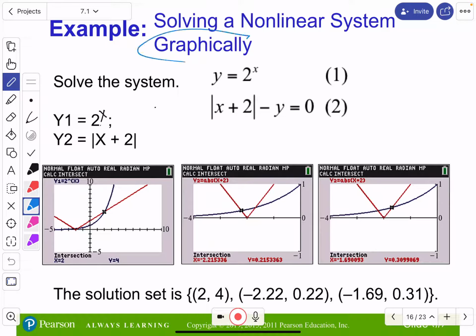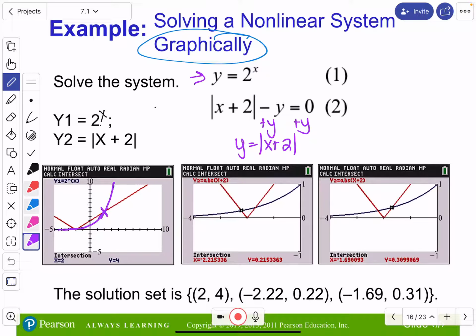All right. Sometimes graphing is the best way to solve a nonlinear system. So if we have an exponential function, we can put the first equation in y1 and the second equation in y2. If that's our equation, we need it to say y equals. So I'm going to add y to both sides, and I get y equals absolute value of x plus 2. If we graph this, the red is our absolute value. The other one is our 2 to the x.